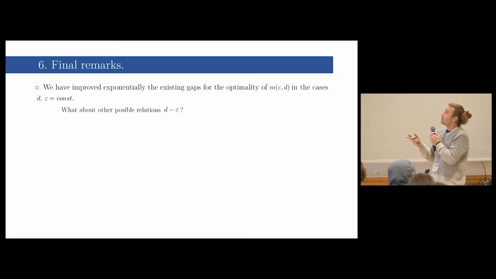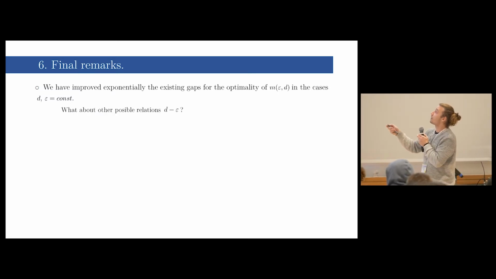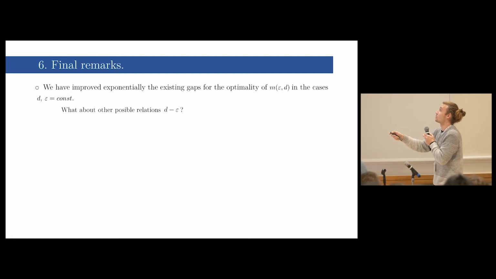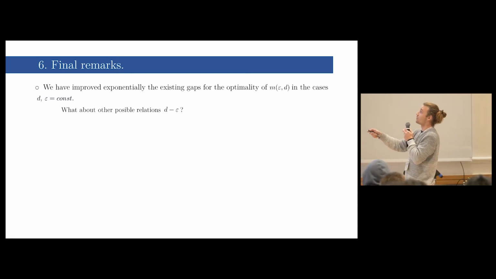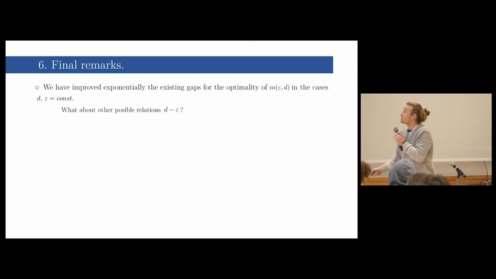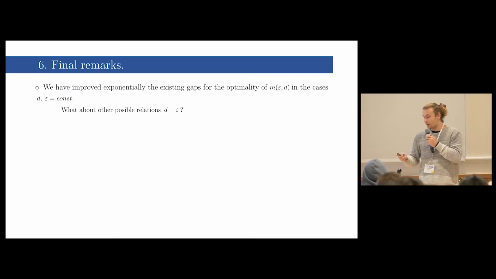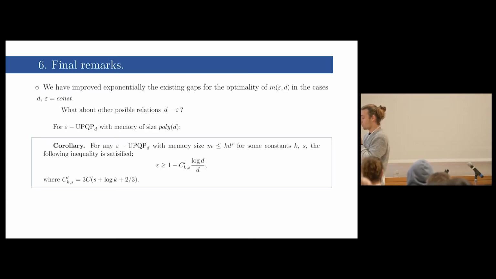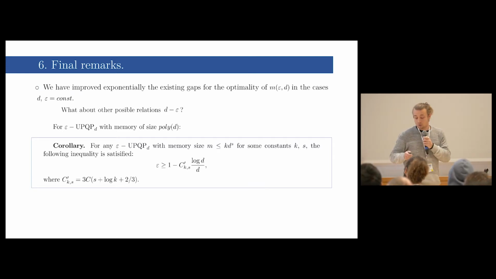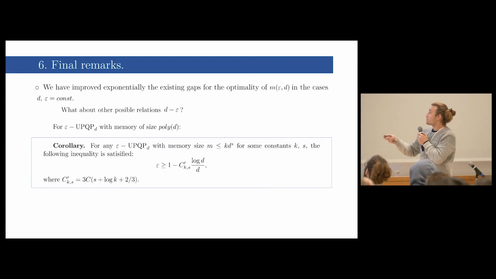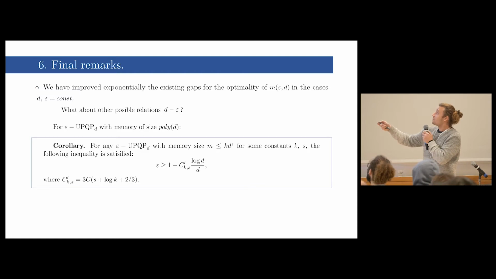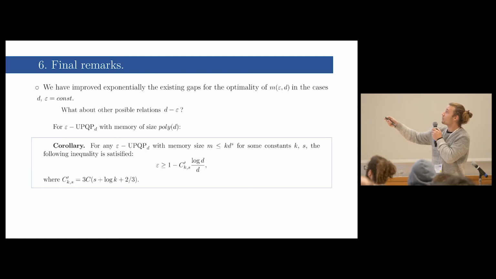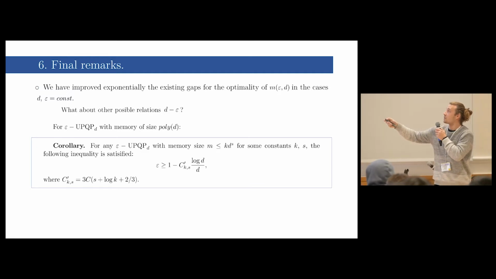So one can ask, what happens in more general scenarios, in which I don't enforce one of these parameters to be constant? And it turns out that we can get some information from our theorem 1, just considering, for example, the case of an epsilon-UPQP with a memory of polynomial size in the input dimension d.